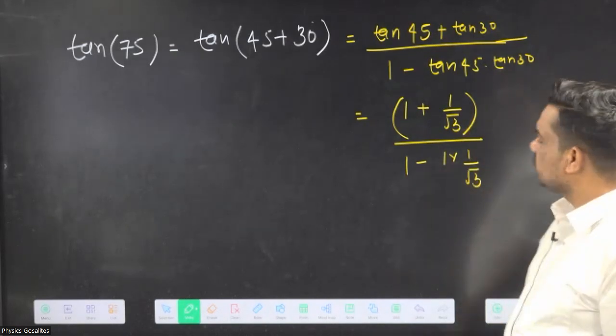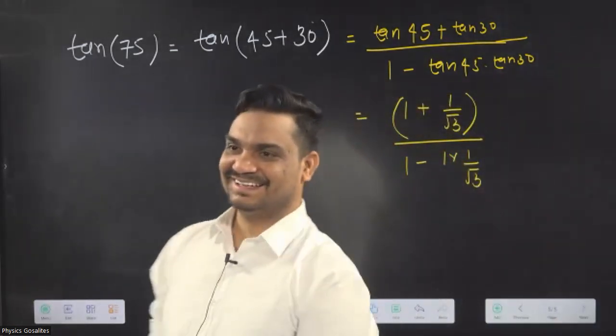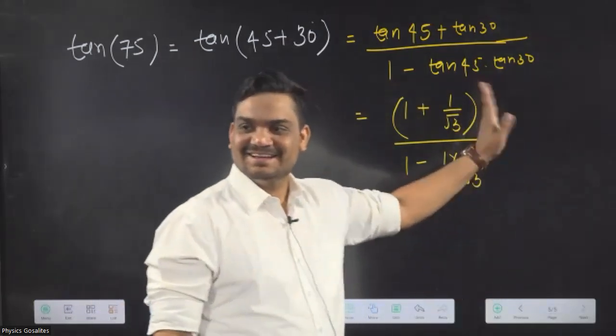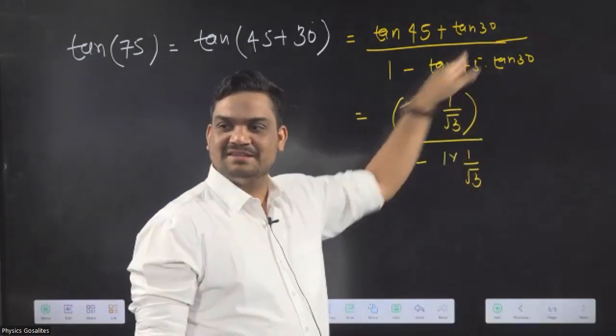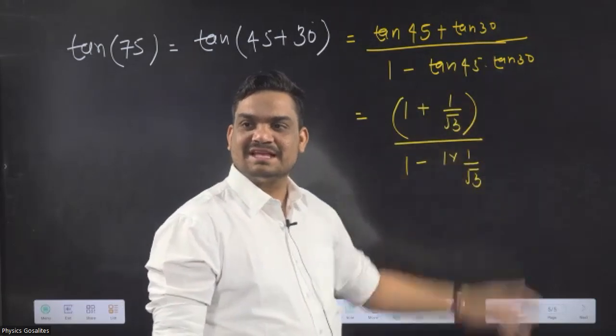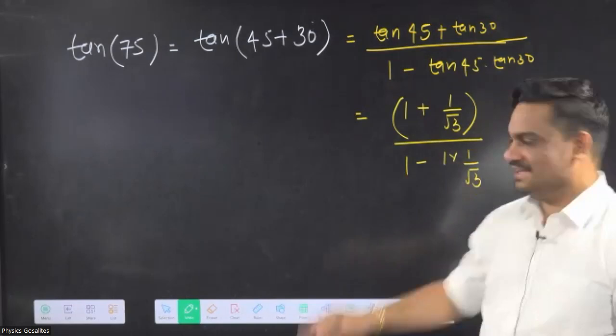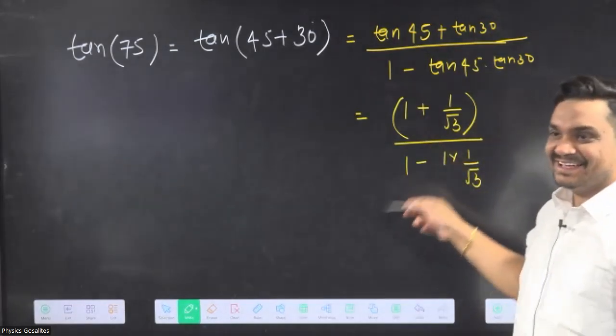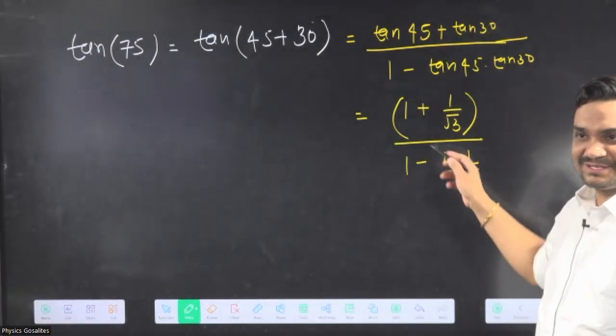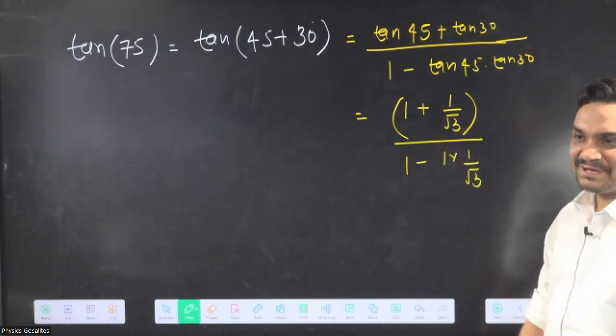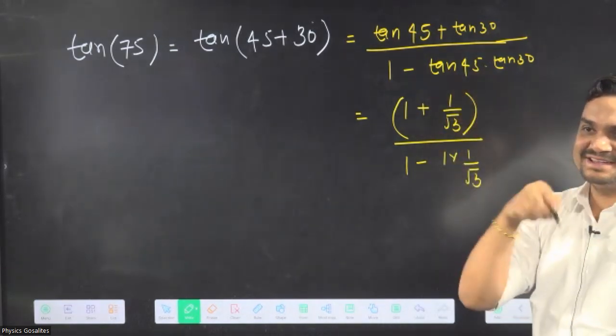Can I cancel root 3, root 3? Everything cancelled, the answer becomes plus by minus. This one cancelled, this root 3 also cancelled. Answer becomes plus divided by minus.